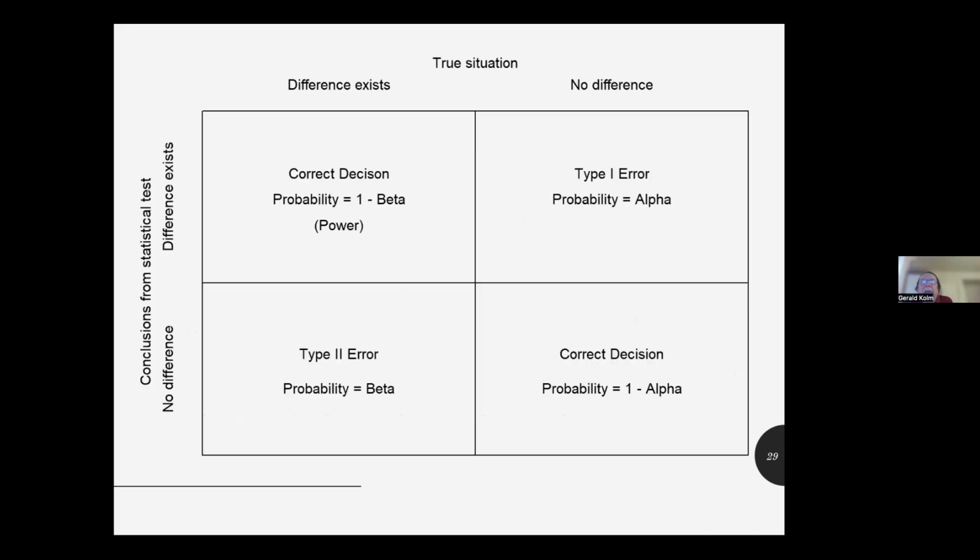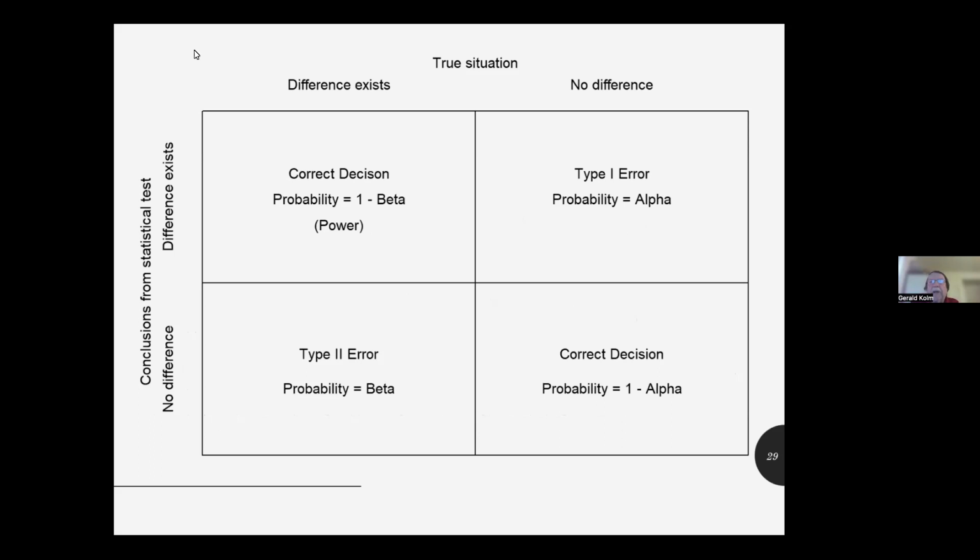When we do hypothesis testing, we can illustrate the decisions that we make in this little table, where the rows represent the decisions that we make based on our statistical test from our samples, and the columns represent what the true situation in the population is.